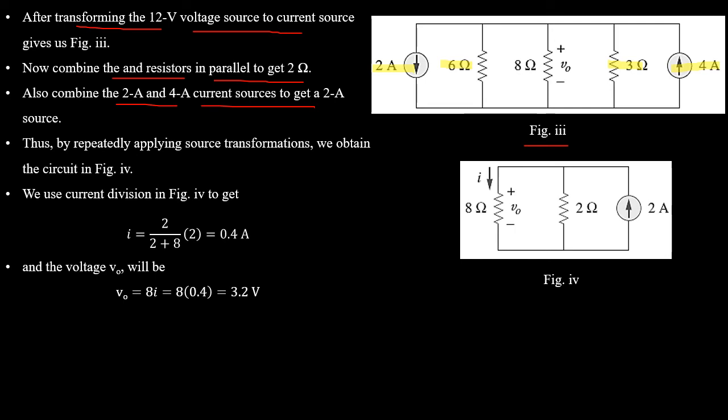After this simplification, the resultant circuit is shown in figure 4. Here we can use the current division rule to get the value of current I, which will be 0.4 ampere, and the voltage V0 will be 8 times current I, giving us the value of 3.2 volt.